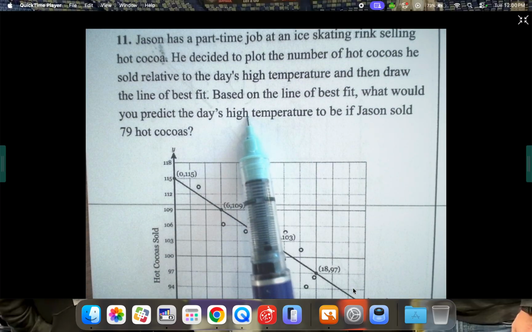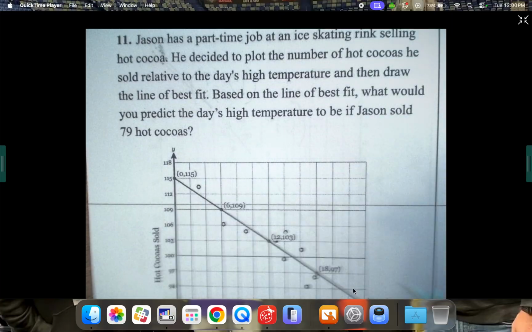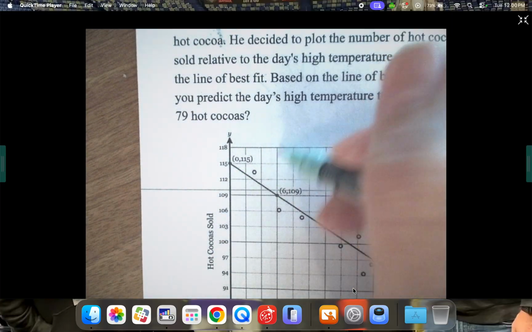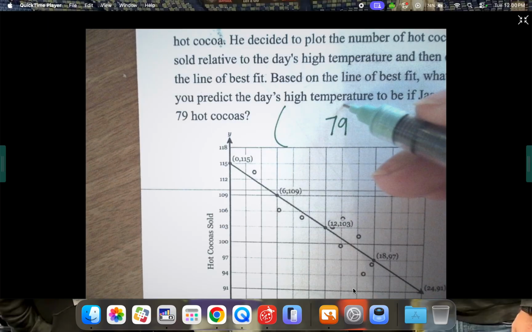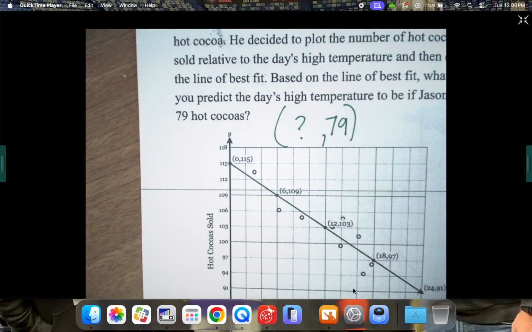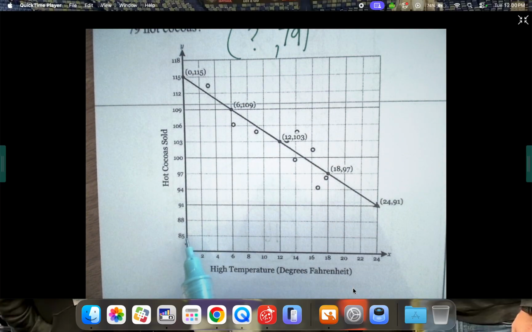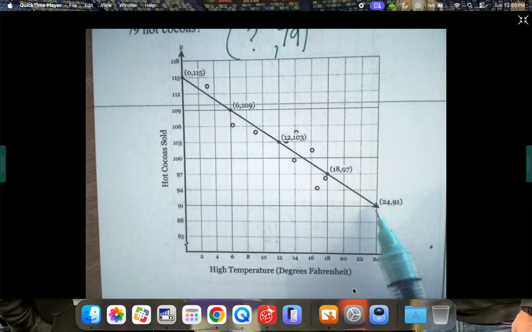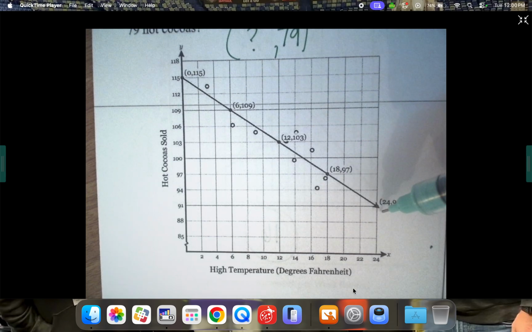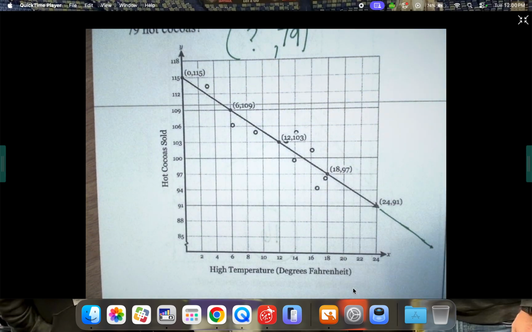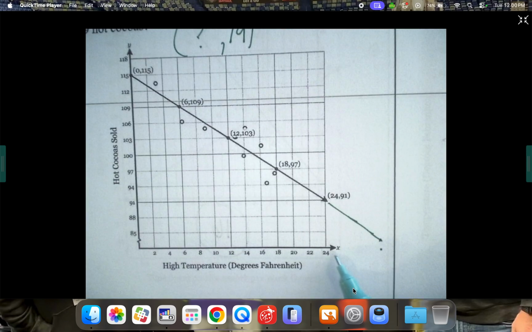What would you predict the high temperature to be if Jason sold 79? So hot cocoas is on the y-axis, so 79 is our y. What would you expect the x to be if the y is 79? So we're going to go to 79. That's going to be down here. Way down here. If you followed your line down, maybe expect it to be about, let's see if this is 24, maybe 25, 26, 27, 28.